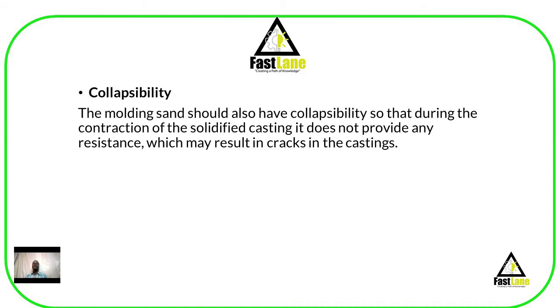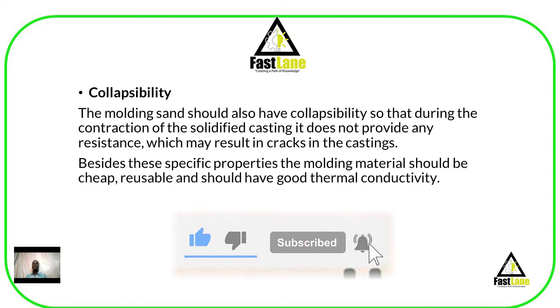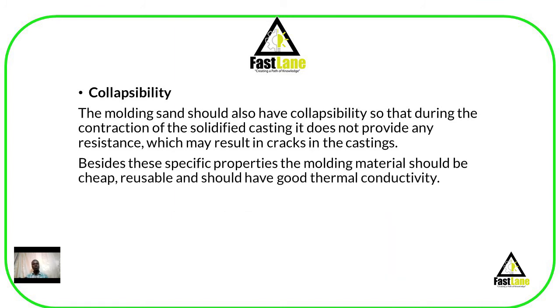Then we also need to know that besides these specific characteristic properties, the molding material should also be cheap, it should be reusable, and it should have good thermal conductivity, because we cannot look at only collapsibility, permeability, strength without looking at being cheap, being reusable, and having good thermal conductivity. Those are also other properties that we have to take into consideration.